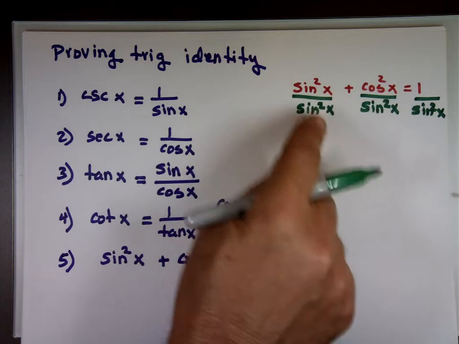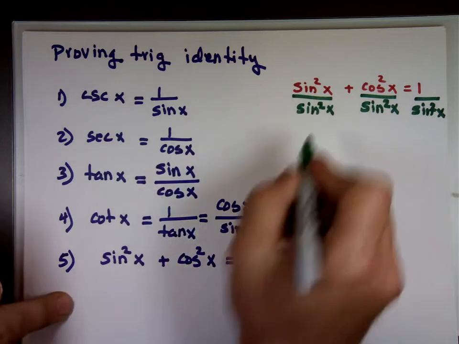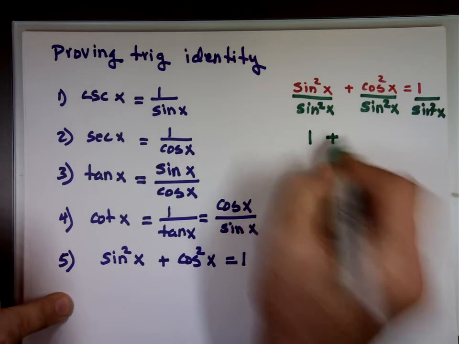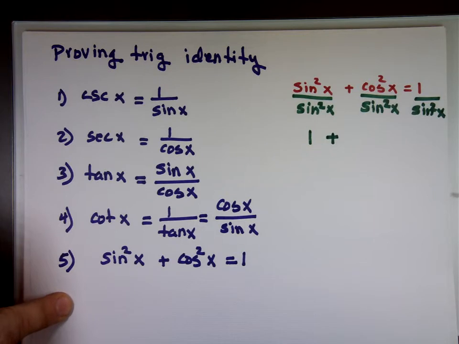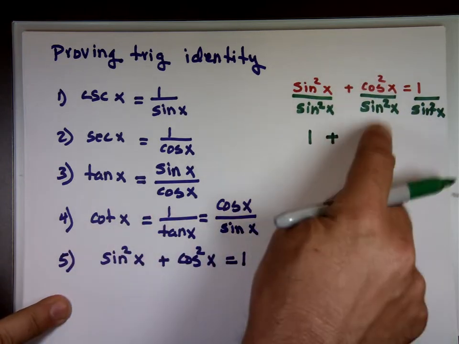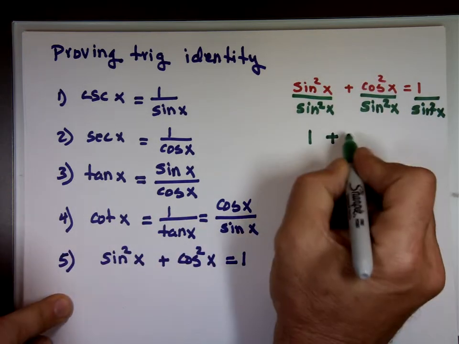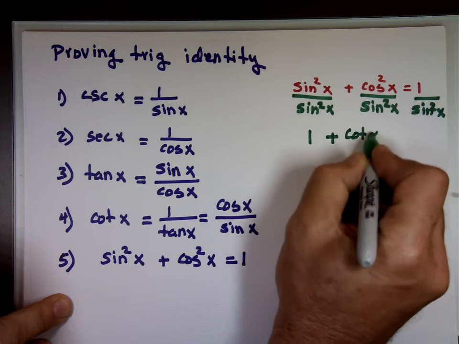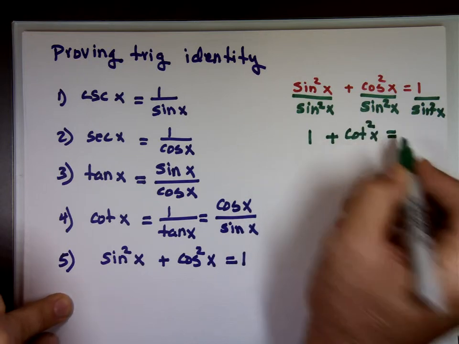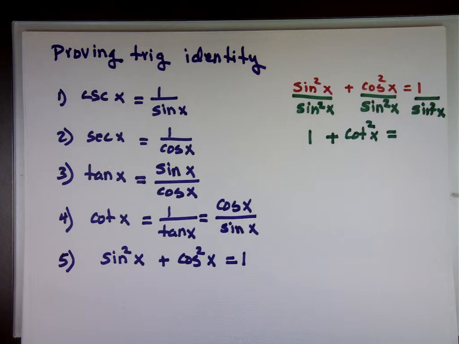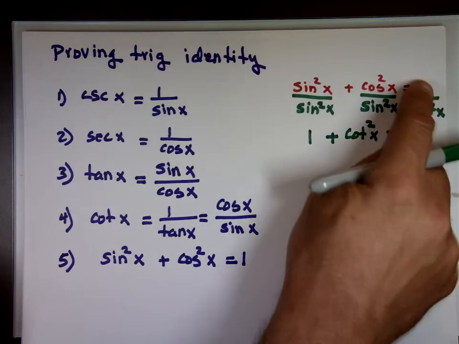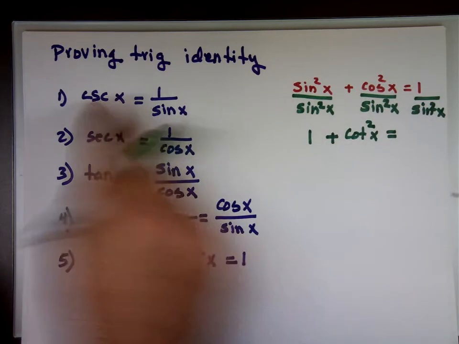What is sine squared over sine squared? What's cosine over sine? Cosine over sine, cotangent. Since these are squared, that'll be cotangent squared. And what's 1 over sine? Cosecant, that's squared.